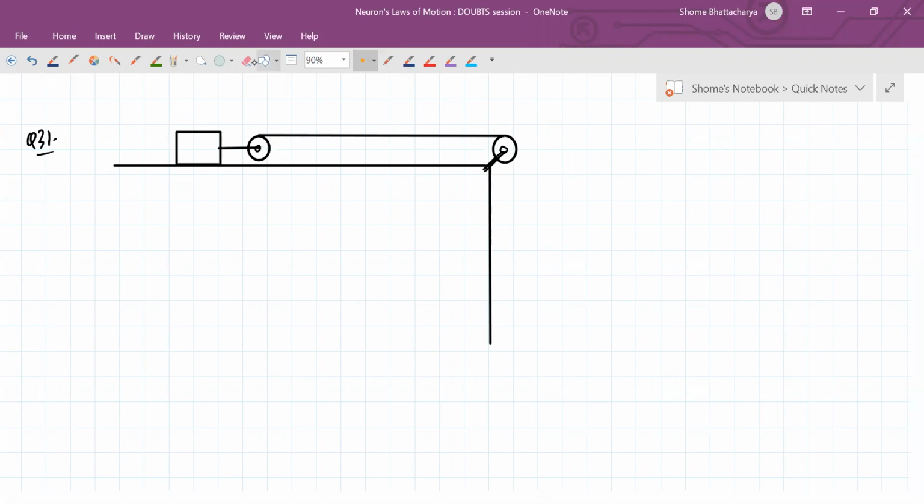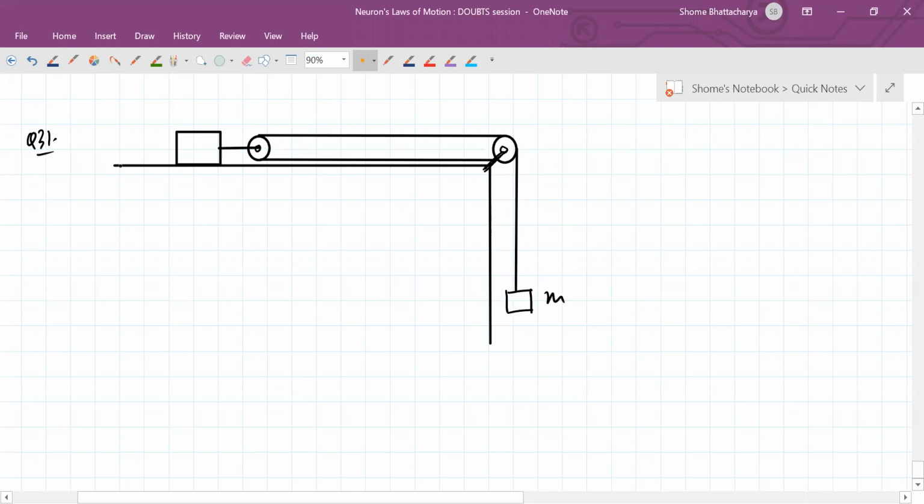Okay, so this thread which is going around this pulley, it comes like this and is attached here. It's attached to this rod. So this is a fixed point where the thread is attached. Okay, whereas this is a block of mass m.